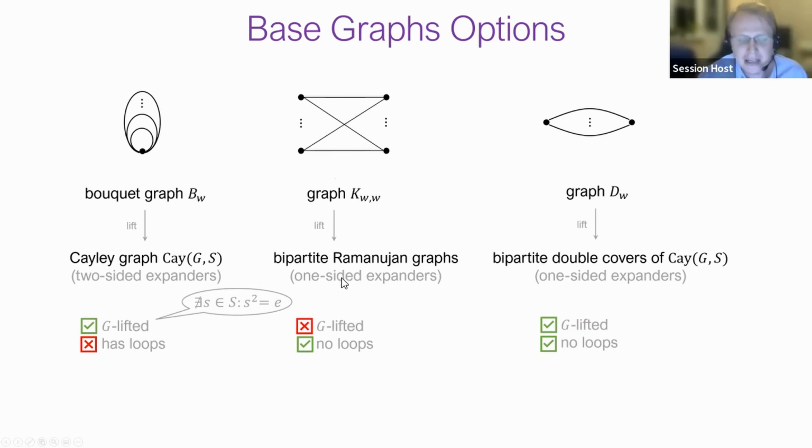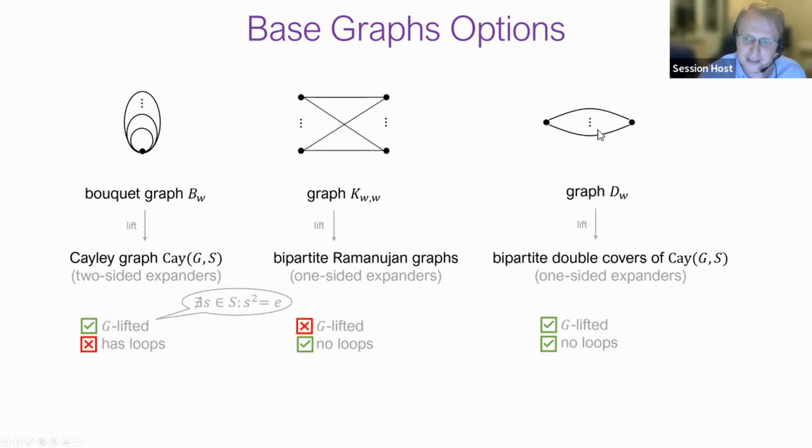But unfortunately, right now it is not known whether there are such graphs that are also Ramanujan graphs that have this really good expansion property. In our paper, we use these bipartite double covers, which are closely related to these Cayley graphs, and they have all the properties we need.